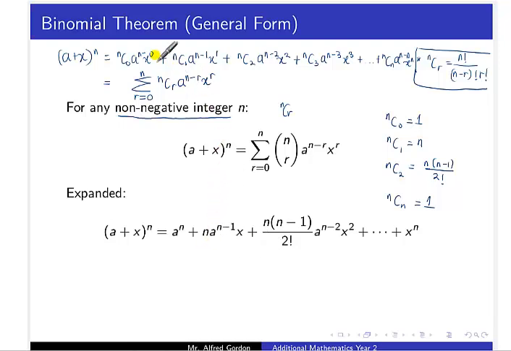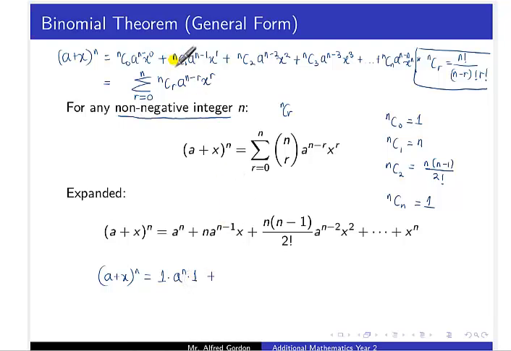So to expand this, we can see that n combination 0 is 1, so we will have our combination expansion of (a + x) to the power n. Up here n combination 0 gives us 1. Then we have a to the power n, but we also know that x to the power 0 is also 1.